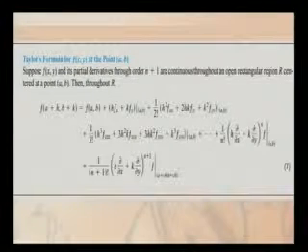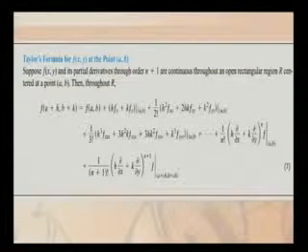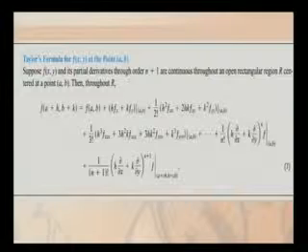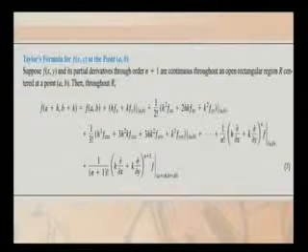Here there are two variables, so we will use the partial derivative with respect to x for the first derivatives, and second partial derivatives for the second derivatives. For example, the partial derivative of f with respect to x and x, with respect to x and y, with respect to y and y. So we have to use partial derivatives for the Taylor series for two variables, right?